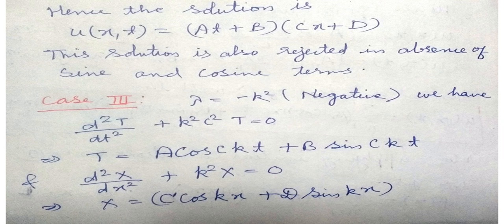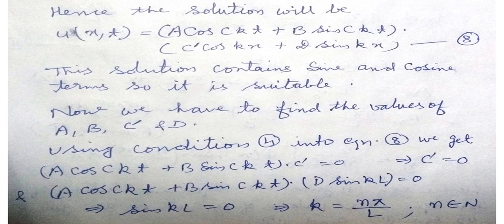Here capital A, B, C dash and D all are constants. Hence the solution will be u(x,t) equal to (A cos ckt plus B sin ckt) multiplied by (C dash cos kx plus D sin kx). This solution contains sine and cosine terms, so this is a suitable solution. Now we have to find the values of the constants A, B, C dash and D.